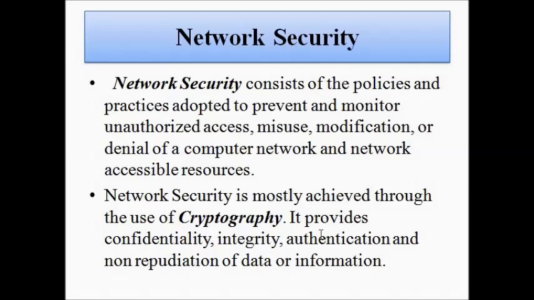There is a lot of things associated with that. We'll discuss them in detail. For now, you just understand that network security is achieved through the process of cryptography. Network security provides confidentiality, your secret, confidential information remains a secret.